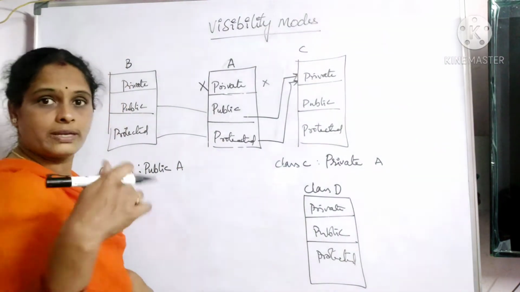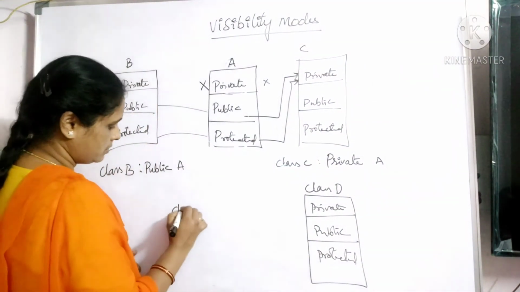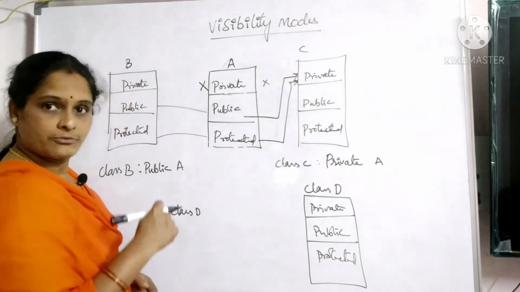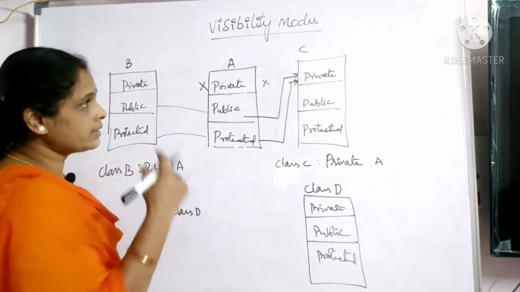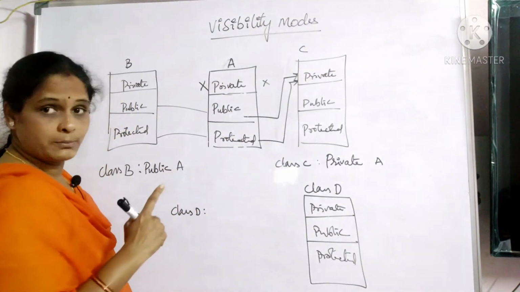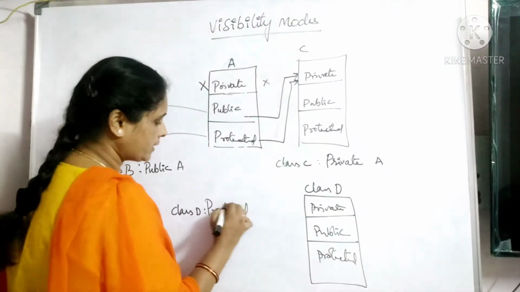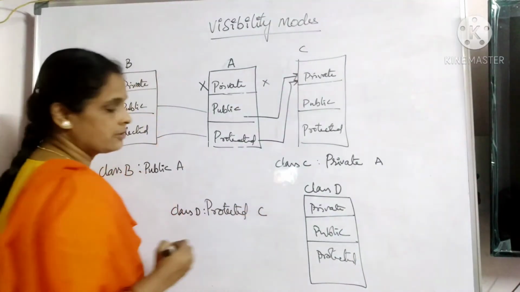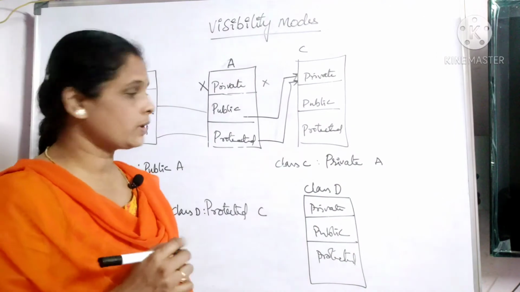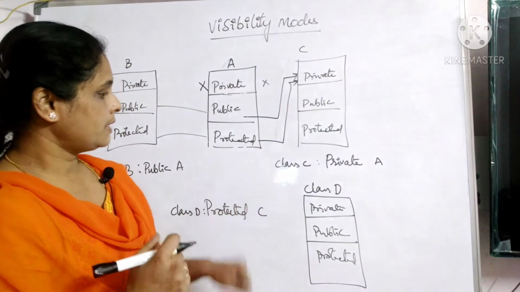How do we write it here? We write it something like this. Class D, which is the child class that gets the inheritance, then comes the visibility mode. I want it in protected mode. Protected, and what is the name of the base class? We said it is C. Now see here.